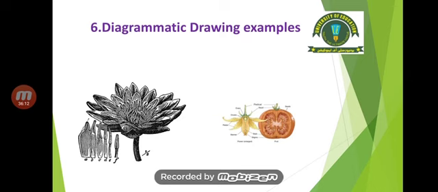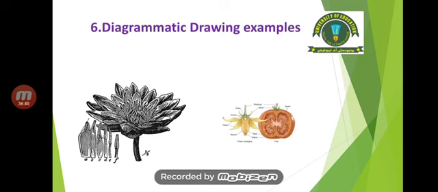On the left side, you can easily see the flower, and the numbering has been given with the help of alphabets A, B, C, D, E, F, and each alphabet represents each part of that flower.